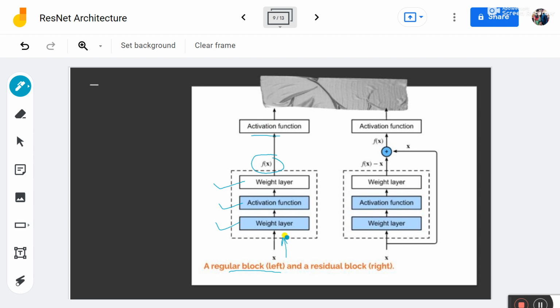But here we are going to jump from this point to this point, and this is going to subtract the function, and here if it is not the value x, so here we are going to add up. So automatically fx plus x minus x would be equal to fx itself. So that would be the feedback or the input to the activation function next.